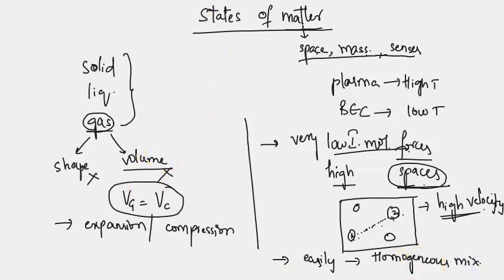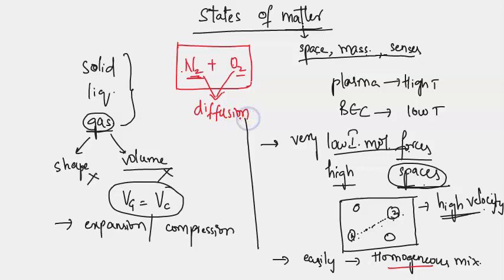For example, if we have two cylinders of N2 and O2 and we release N2 gas and O2 gas in a particular room, within no time nitrogen gas will combine with O2 gas, and we cannot even say how much nitrogen is there and how much oxygen is there and where the nitrogen and oxygen are present. They combine so fast and completely with each other that they form a homogeneous mixture.